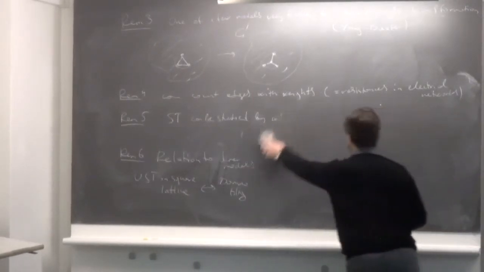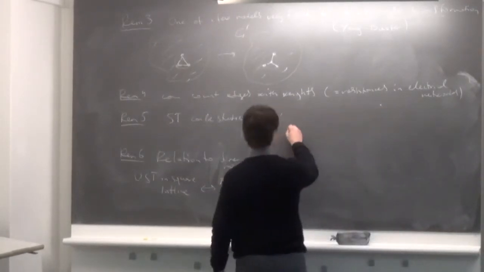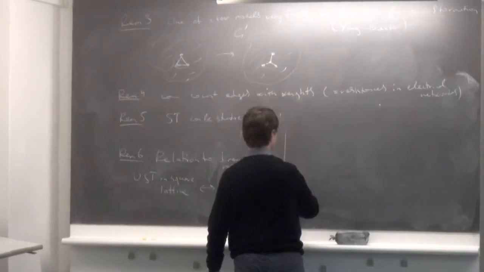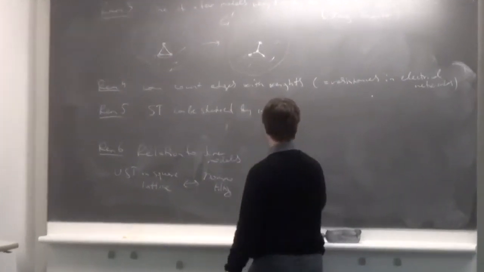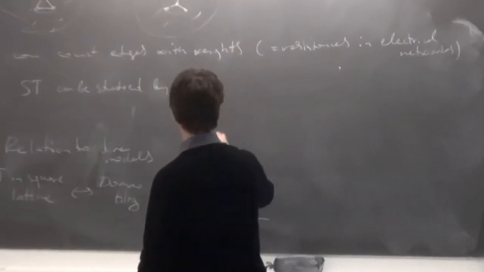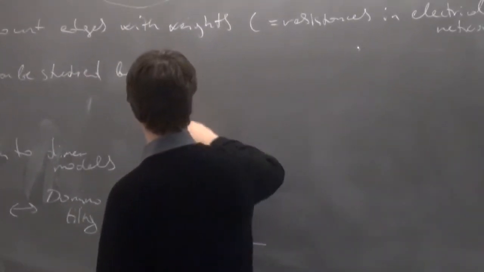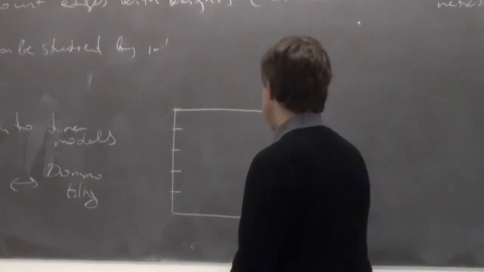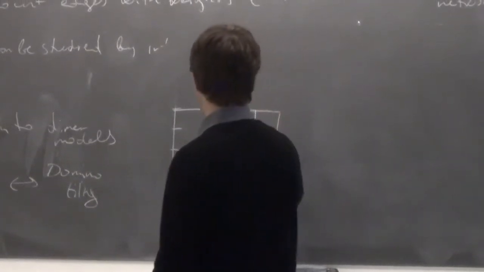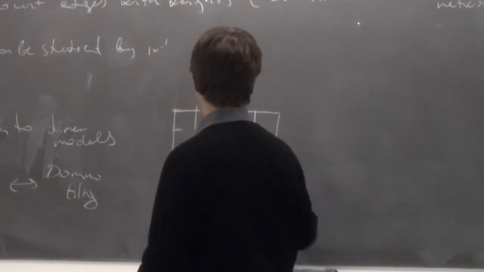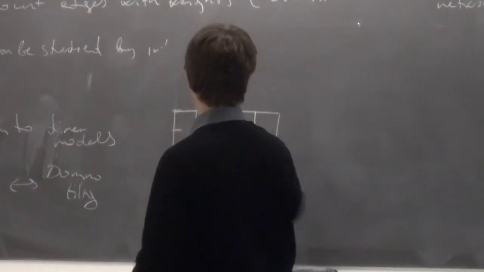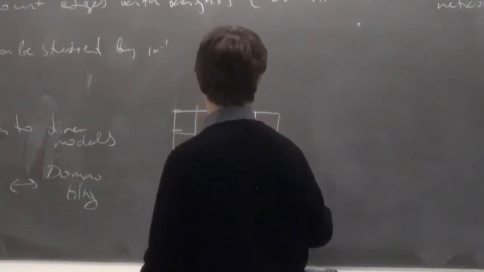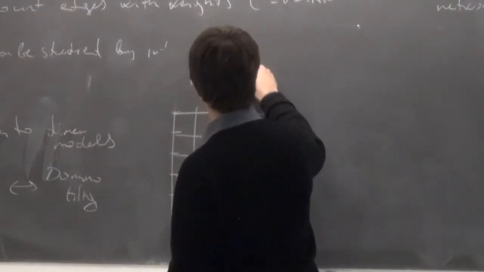So let me see. So this is 1, 2, 3, 4, 5. Yeah, okay, let's do 5 by 5. So this is an example of the region for which it works. So you take the domino tiling here.